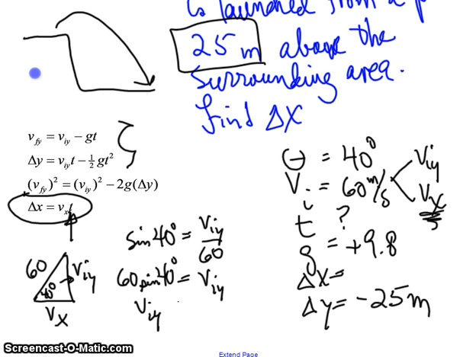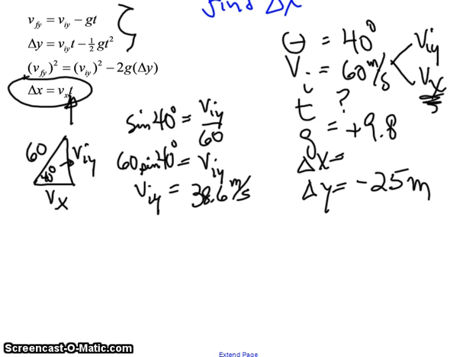And v initial y equals, let's see what that is, 60 sine 40 is 38.6 meters per second. So it's as if you threw this thing straight up with a speed of 38.6. As if instead of throwing it at an angle, you threw it straight up at 38.6, and you could then calculate how high it was. So now we know that this is 38.6.